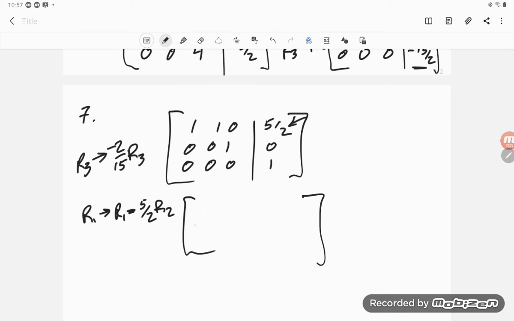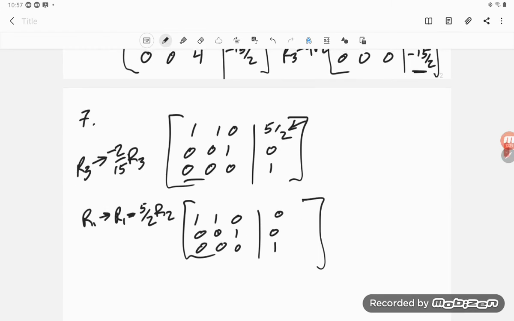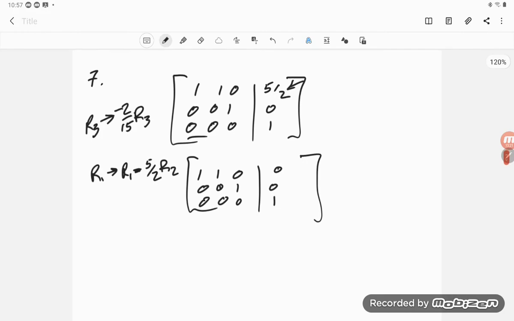And so when I do that, everything's 0 here down in the bottom, so I'm just going to get 1, 1, 0 again, but now I'll get 0 here, and 0, 0, 1, 0, and 0, 0, 0, 1. So there I've done my full reduced row echelon form of that augmented matrix.